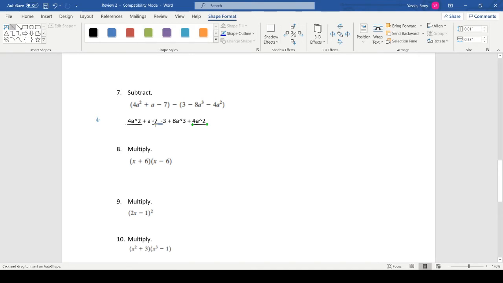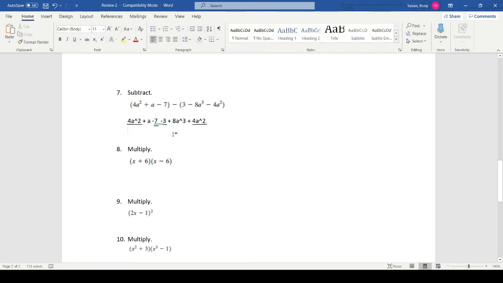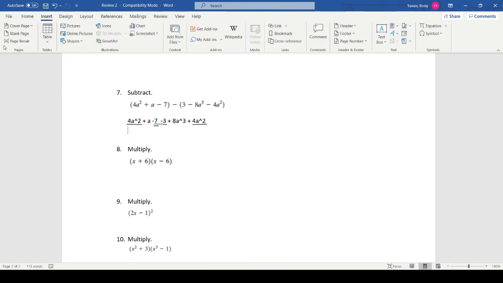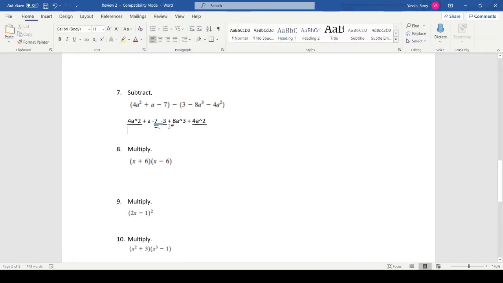Okay, those go together. We also have an a, but there's no other a's here I can combine it with. We do have a minus 7, and we also have a minus 3 that can go together, so these can combine. Should have used 2 lines for that. You get the gist.